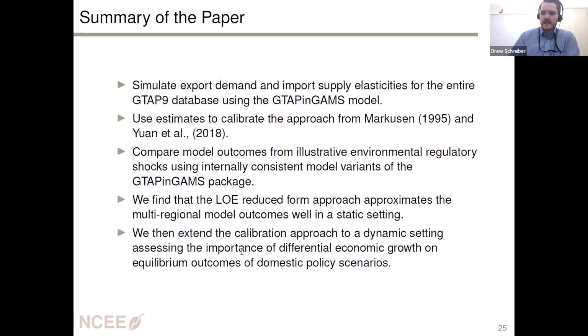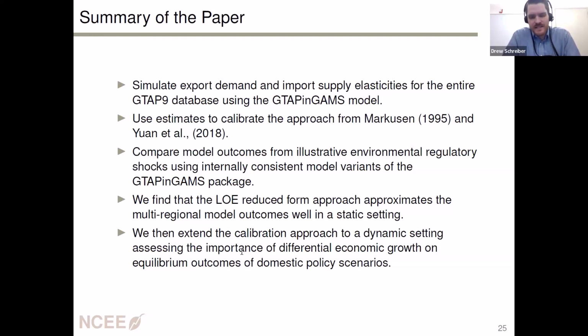So just to wrap up in 2 slides, to give a brief summary of the paper. We simulate export demand and import supply elasticities for the entire GTAP9 database using the GTAP and GAMS model.